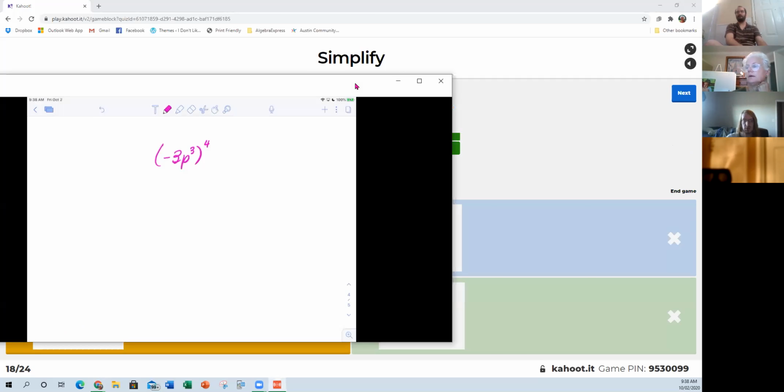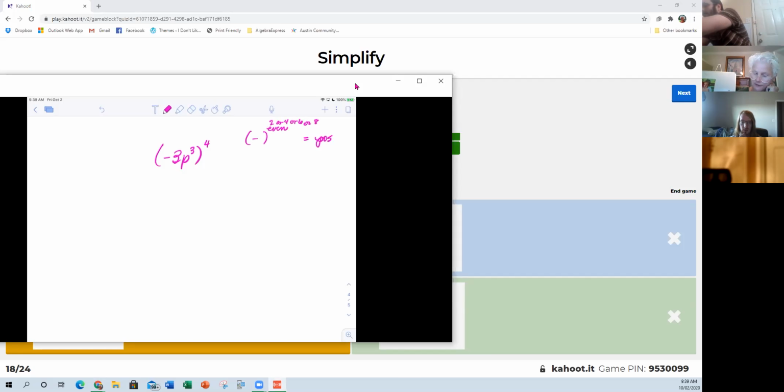So first thing, if you can, the first thing you want to do is always decide on the sign. Like, is it going to be negative or positive in the end? If you have anything negative to an even power, like a 2 or a 4 or a 6 or an 8, etc., it's always going to be positive.